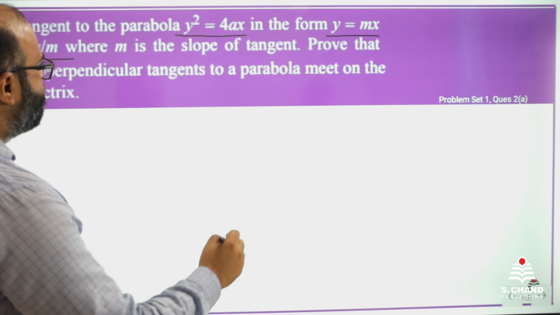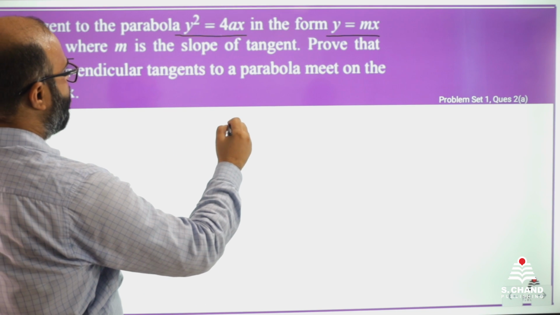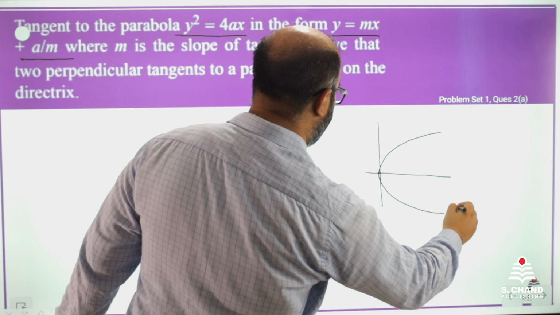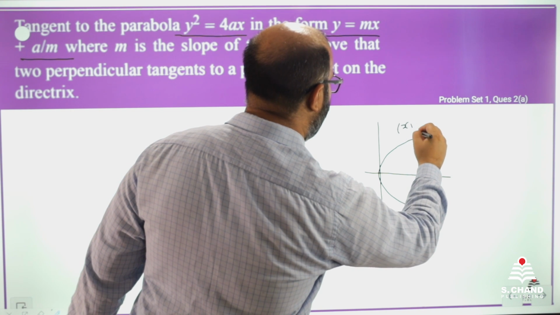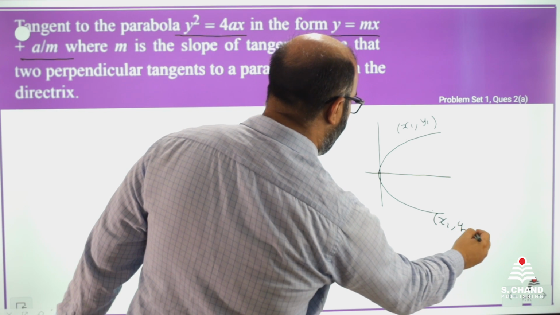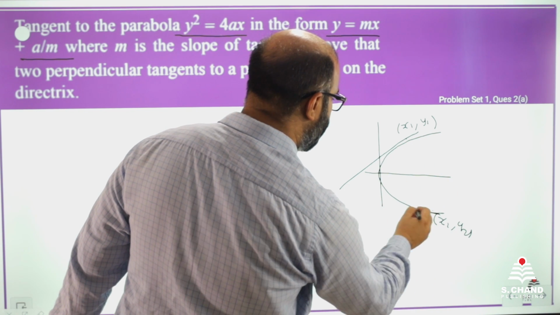Now if you take two points on the parabola, suppose one point is (x1, y1), another point is (x2, y2), and draw the tangents at these ends.